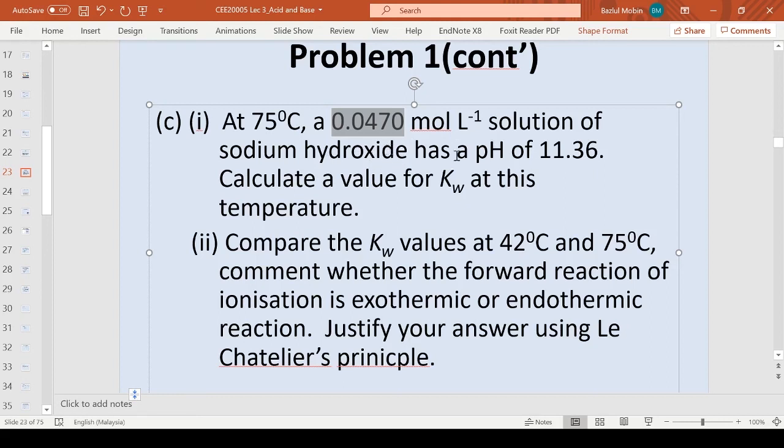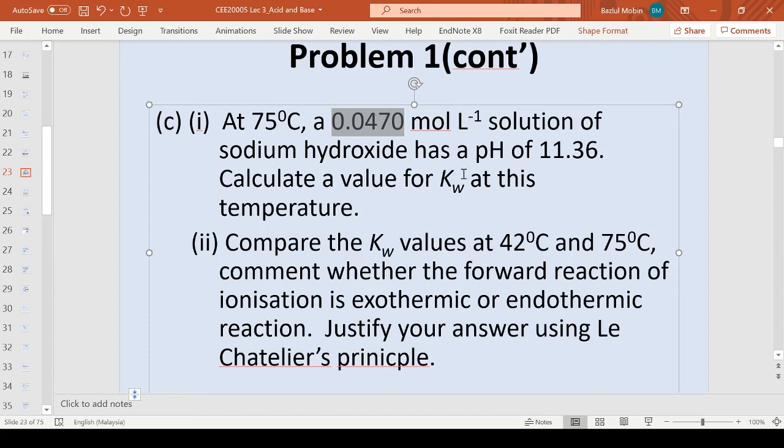So we know that it will be 0.0470 mole per liter of hydroxyl ion, and from the antilog of 11.36, that is 10 to the negative 11.36, we find the hydrogen ion concentration, and from there we can find the Kw, because it is easy. Kw is the hydrogen ion concentration times the hydroxyl ion molar concentration.